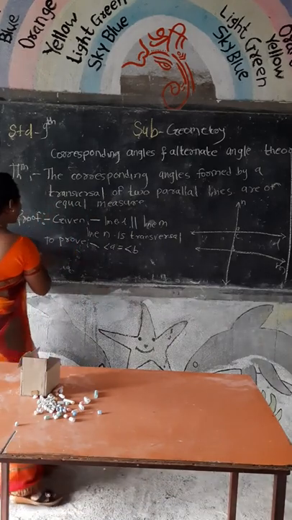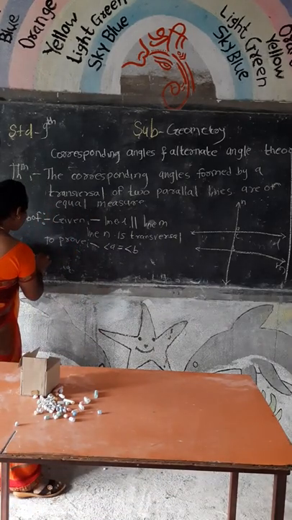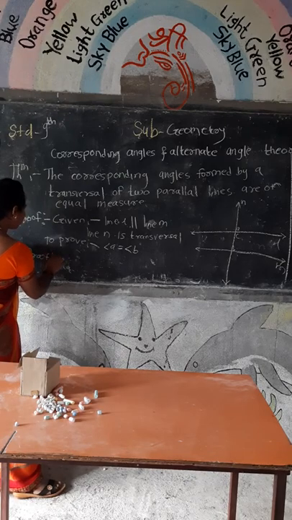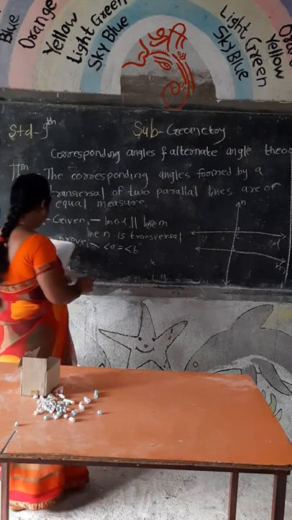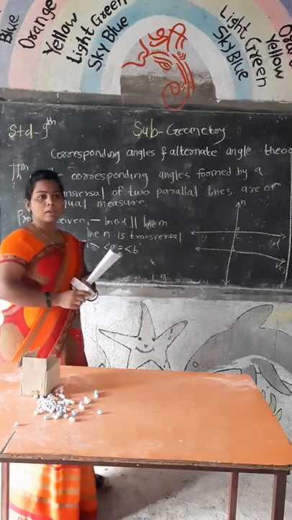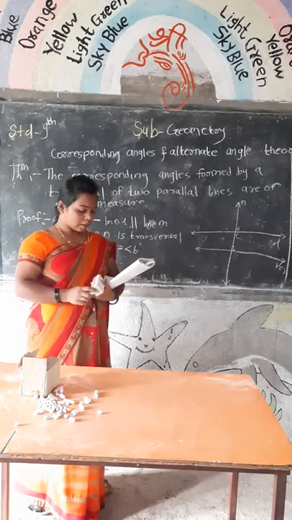Then the proof of the given theorem is: angles in a linear pair.